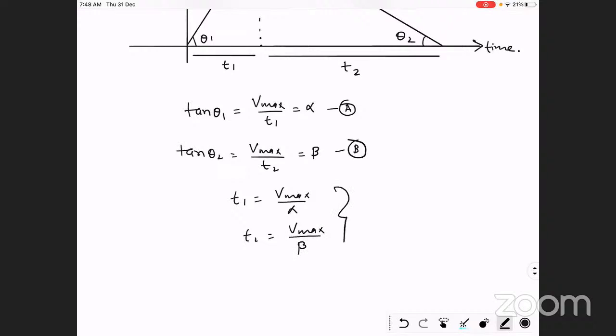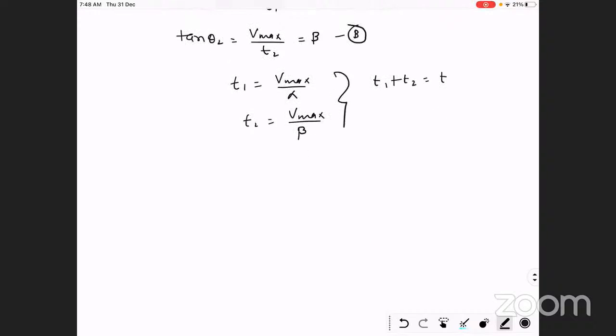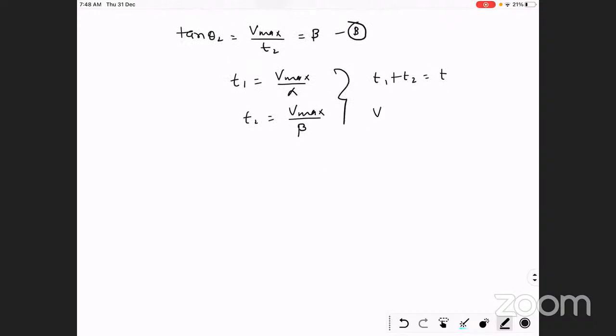Now put value of t1 and t2 in this. t1 plus t2 is equal to t, because t is given, t1 and t2 we assumed. So Vmax by alpha plus Vmax by beta is equal to t. So we got Vmax. Take Vmax common.